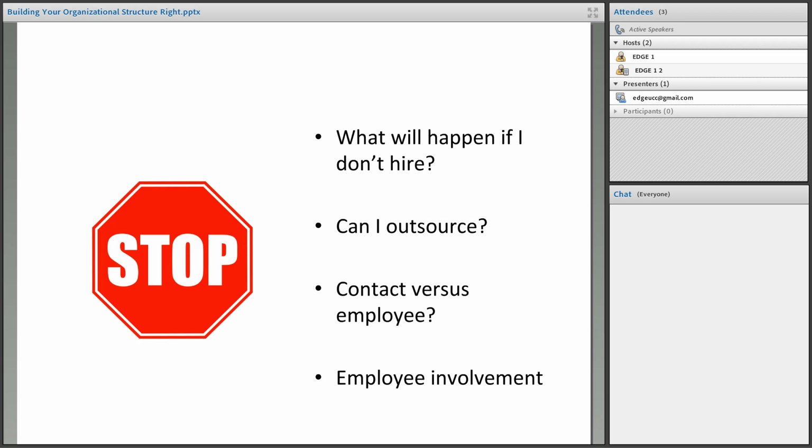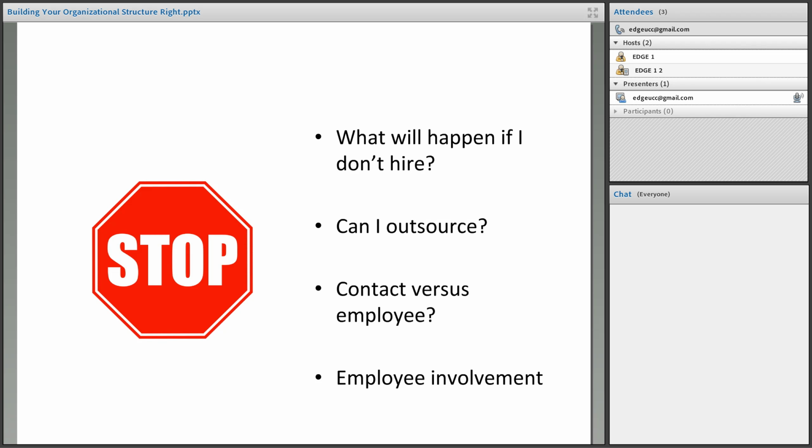So what will happen if you don't hire that particular role or roles that you have defined? Sometimes, if you've got a series of roles that you think you need, you want to be asking this question for each of those roles and then comparing the answers between them and seeing which is the one that is the strongest need, which will obviously be that it would be a very big impact of what would happen if we don't hire.